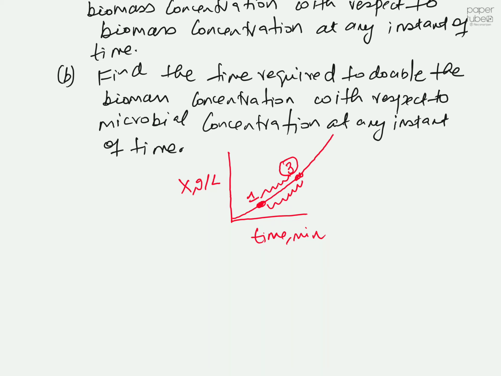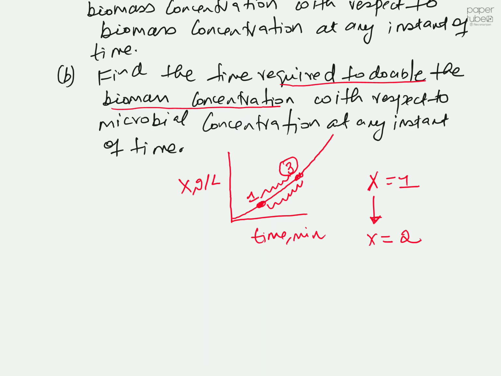We are also going to calculate the time required to double the biomass concentration. What do I mean by this? At each cell division, if you start with x equal to 1, after one cell division x will be equal to 2.